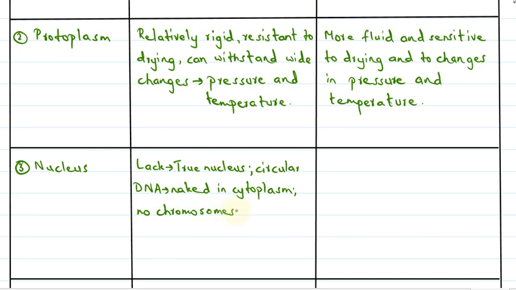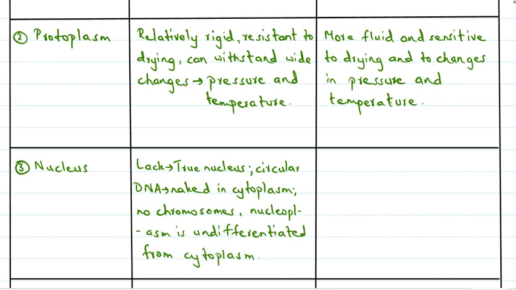So prokaryotes do not have chromosomes, nucleolus or nuclear membrane. Nucleoplasm is undifferentiated from cytoplasm, okay.